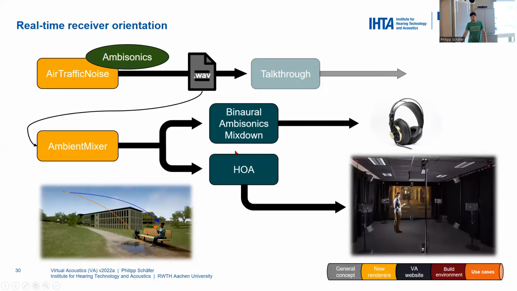And this can be done in real time again. So this might be a workaround if you want to have a very complex scene where you cannot render all aspects in real time, but maybe you just want to have real-time receiver orientation. Okay, that was my final example.